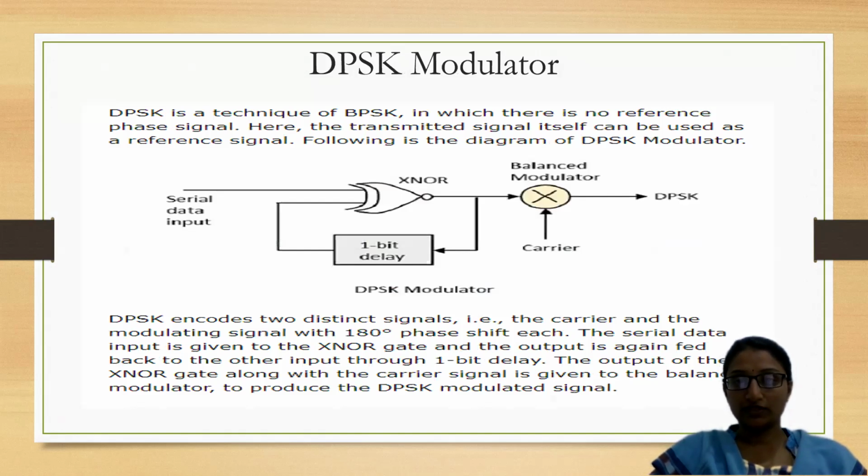From this feedback circuit, you can say that it depends purely on the previous value, not on any reference signal. Therefore, DPSK is defined as not depending on any reference signal. And DPSK encodes two distinct signals, each with a 180 degrees phase shift.